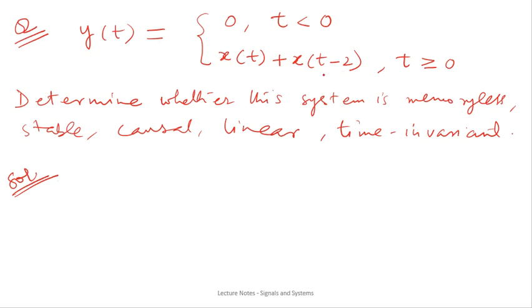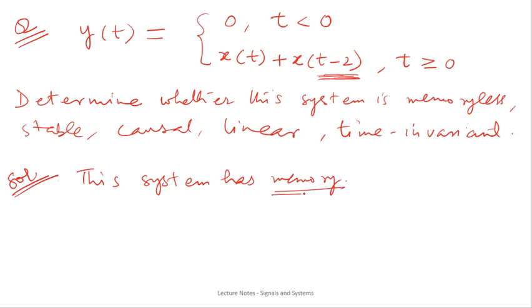This t minus 2 is the past component which is present in the output, and that is why we say that this system has memory.